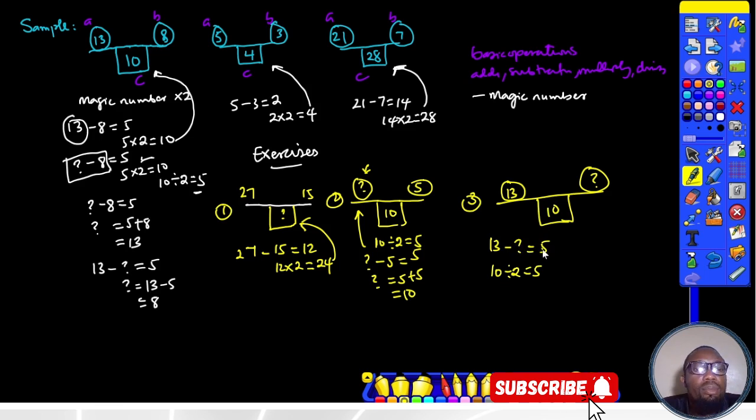Then, what is that number? I should be having 13 minus 5 to get the missing number. So the missing number is what? 8. So, guys, the number we're looking for here is 8.